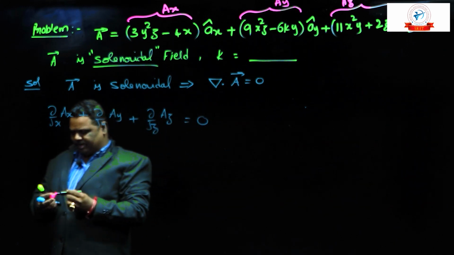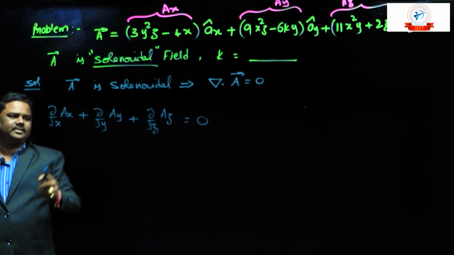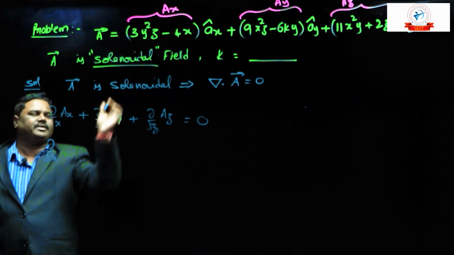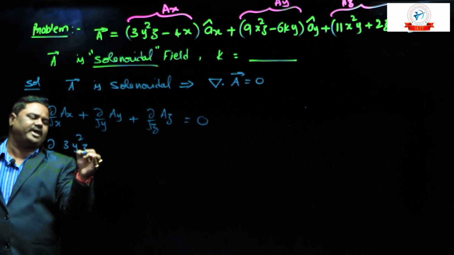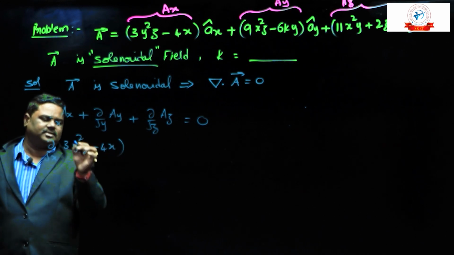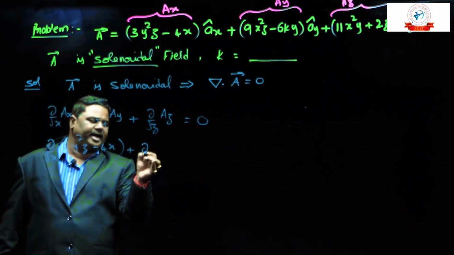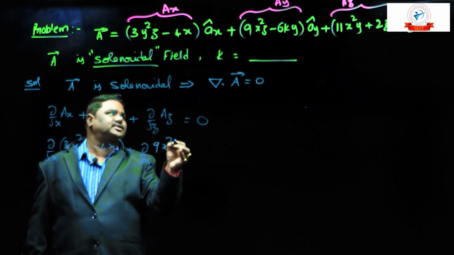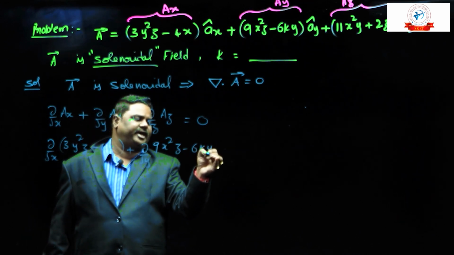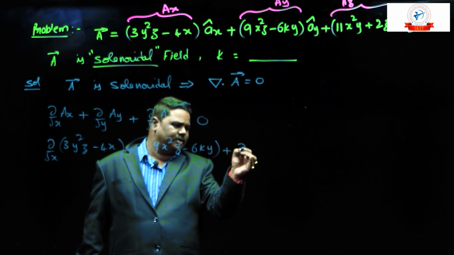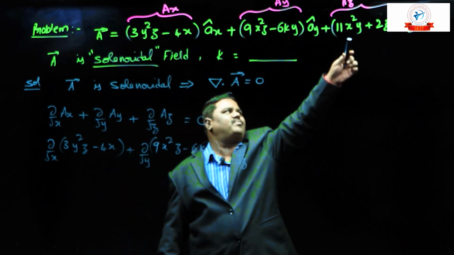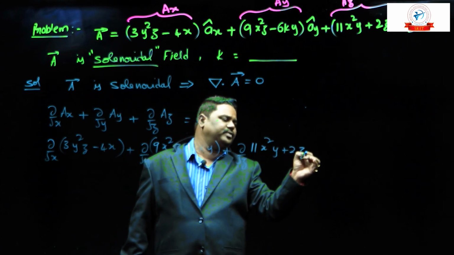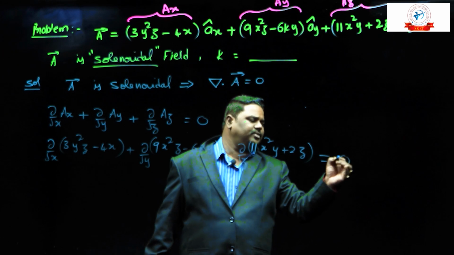Let us substitute this in the formula. So the equation becomes dou by dou x of (3y square z minus 4x) plus dou by dou y of (9x square z minus 6ky) plus dou by dou z of (11x square y plus 2z), which is equal to 0.